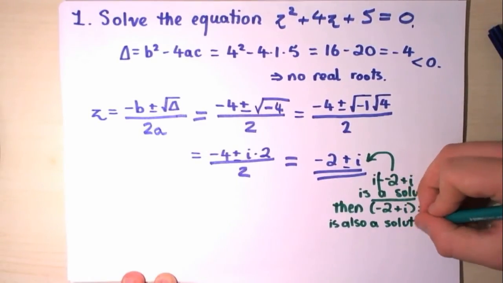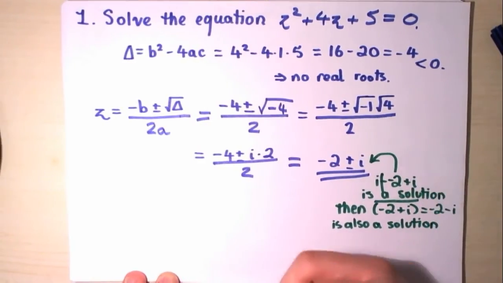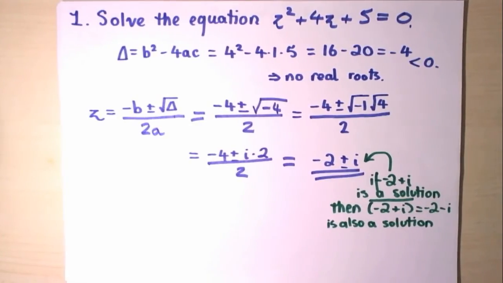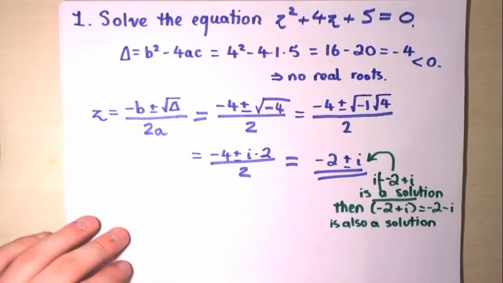So, in general, whenever you have a polynomial equation with one of the solutions being a complex number, the complex conjugate will also be a solution to that equation. Okay.